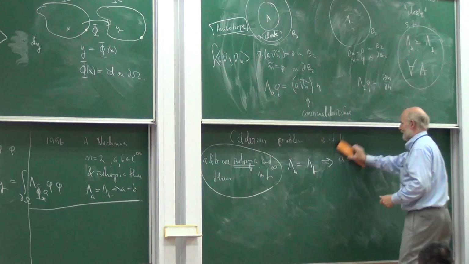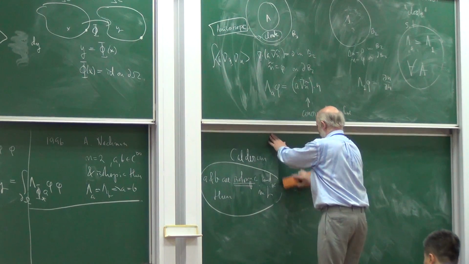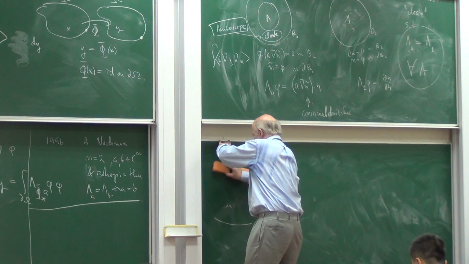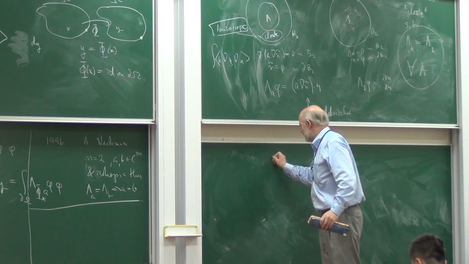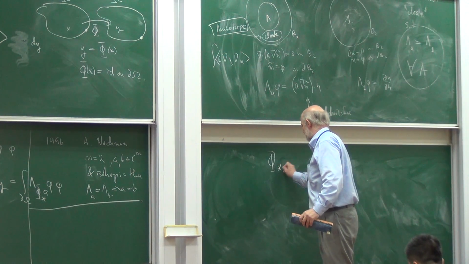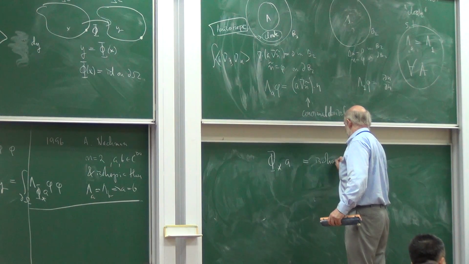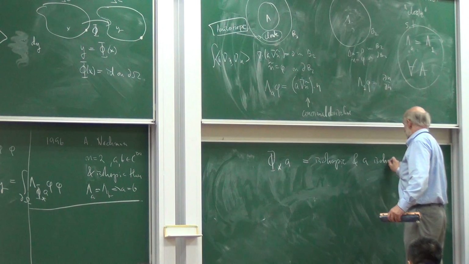It's actually not surprising, but let me just note the following. So phi star of A is isotropic and A is isotropic.